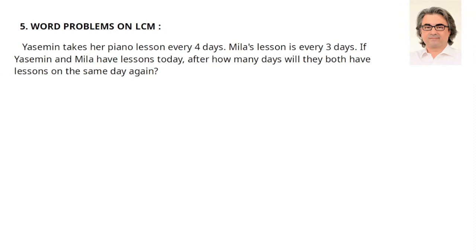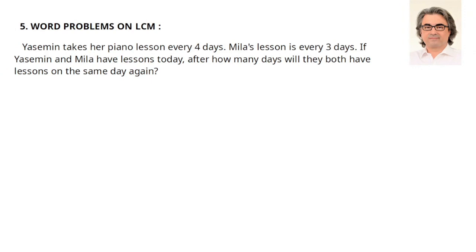We faced some word problems where we use the greatest common divisor, or the highest common factor, of numbers. Now, what about the least common multiple of numbers? How can we understand when we use the least common multiple?